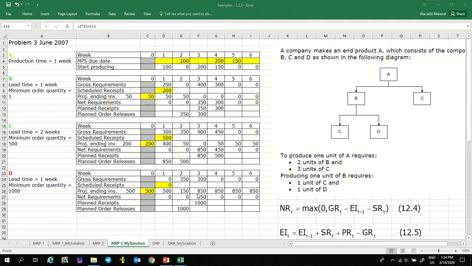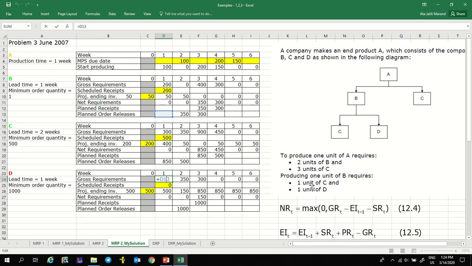We can do the same calculations for the next component, component D, but here we know that D is only used for the component B. So for the gross requirements, we will only use the planned order releases for component B, as you can see.